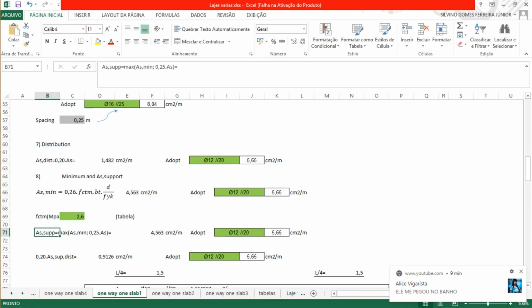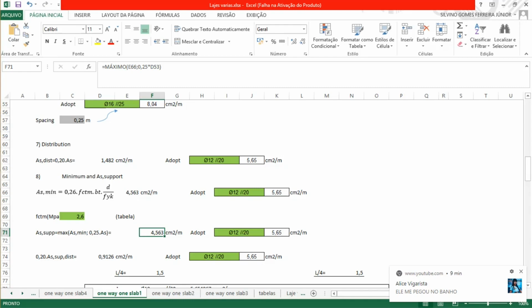And in the support will be the minimum value or 25% of the main reinforcement. And the maximum value of them will be what we're gonna get. So the maximum we get is 4.56 square centimeters.